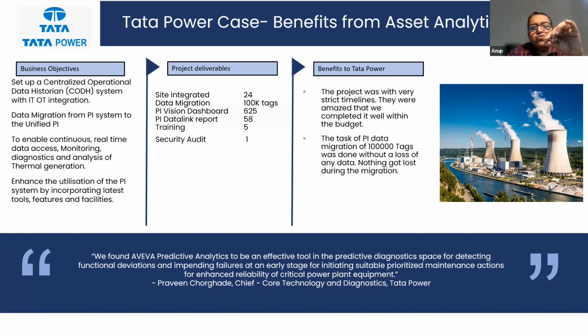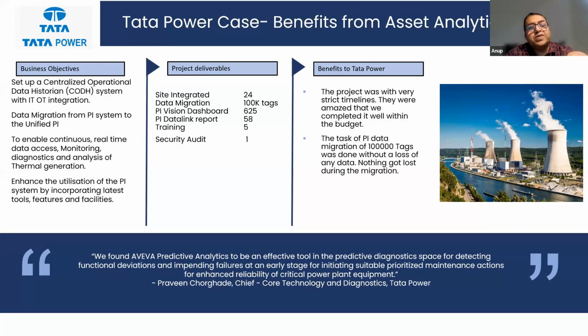They were already using this in a few factories. The migration data loss was 0. And then we have this testimonial, which says that we found Avio Predictive Analytics to be an effective tool in the predictive diagnostic space for detecting functional deviations and impending failures at an early stage, for initiating suitable prioritized maintenance actions for enhanced reliability of critical power plant equipment.